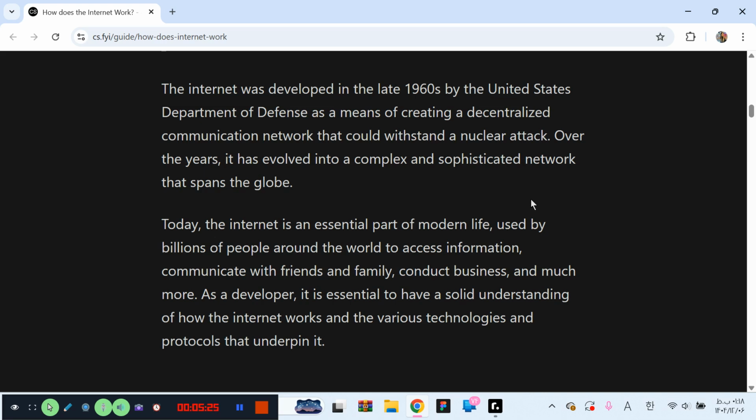They didn't want to put their eggs in one basket. They wanted the eggs all over the United States, but they wanted to communicate through them. But in case of a nuclear attack, all the connections would have been lost.